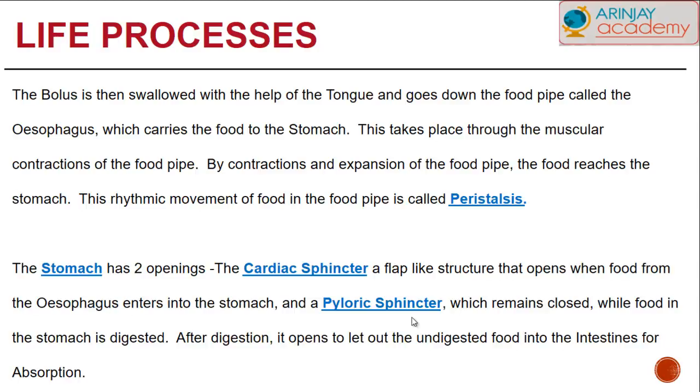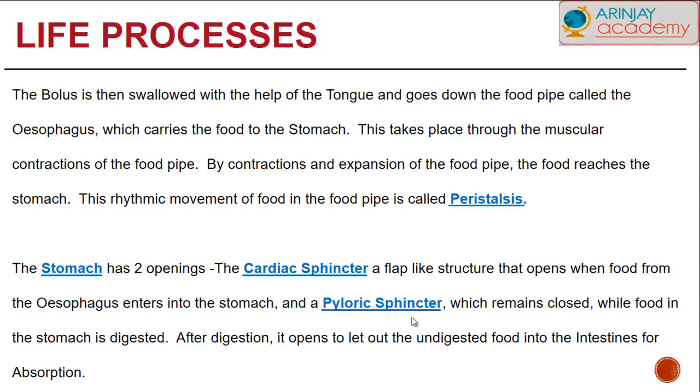This process of carrying the food through the food pipe into the stomach takes place by the help of contractions and expansions of the food pipe through a motion called peristalsis.